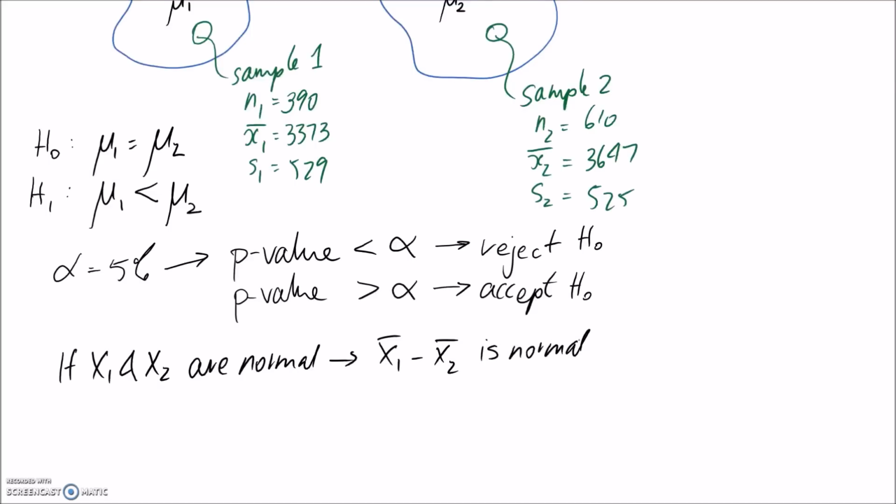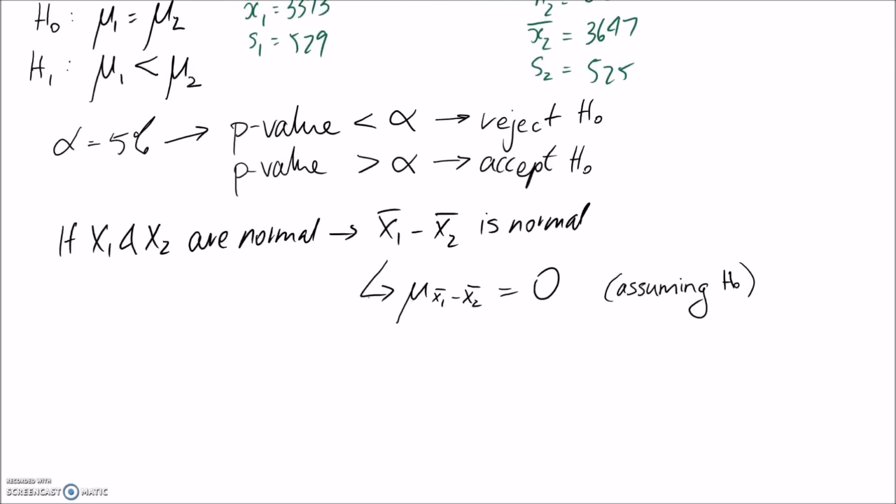And we know that a normal distribution can be described with a mean and a standard deviation. So the mean of this random variable, x1 bar minus x2 bar, should be equal to 0 if we're assuming our null hypothesis where they're equal to each other. Okay, if they're equal, the difference between them is nothing. So that's that one sorted.